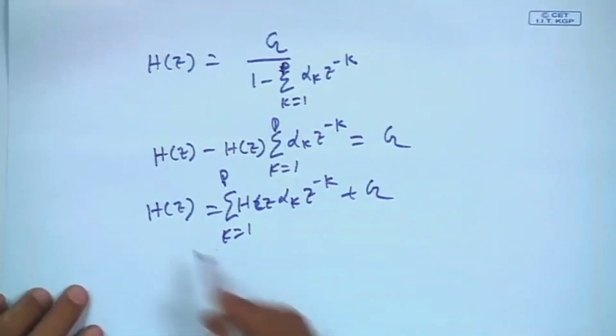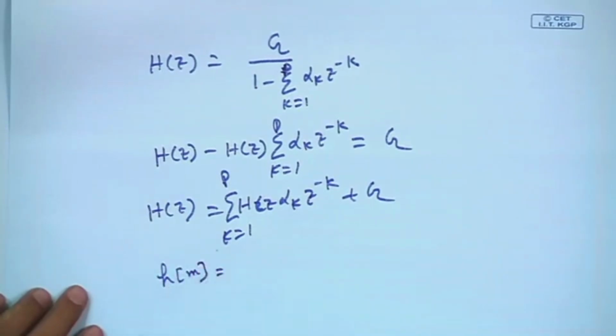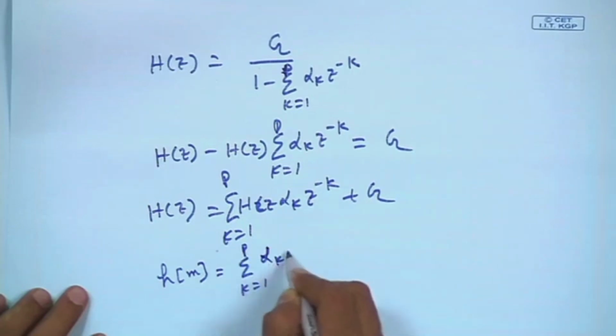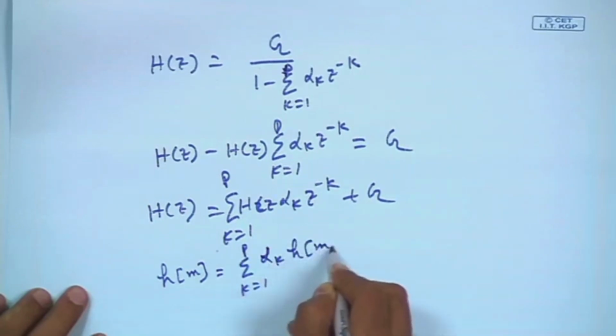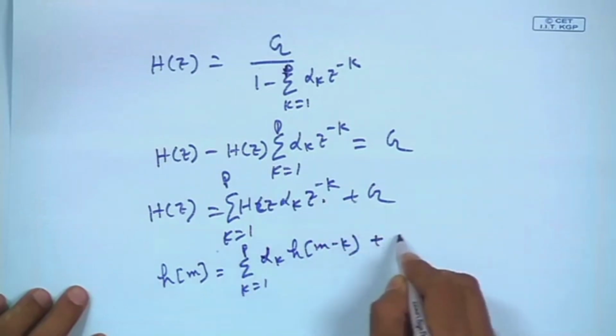In the time domain, h(m) is nothing but the sum over k equal to 1 to p of alpha k h(m minus k), z to the power minus k being a k sample delay, plus g.